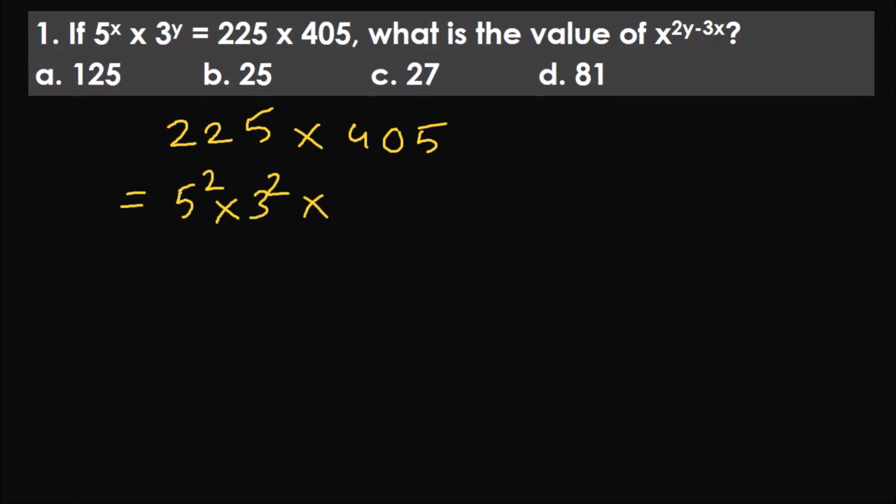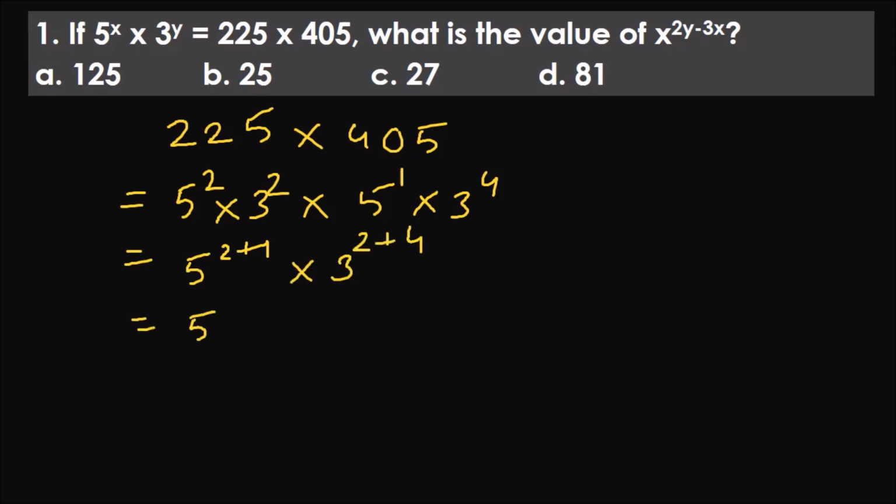And 405 is nothing but 5 power 1 into 3 power 4. So this is equal to 5 power 2 plus 1 into 3 power 2 plus 4. This is equal to 5 power 3 into 3 power 6. So obviously this means x equals 3 and y equals 6.